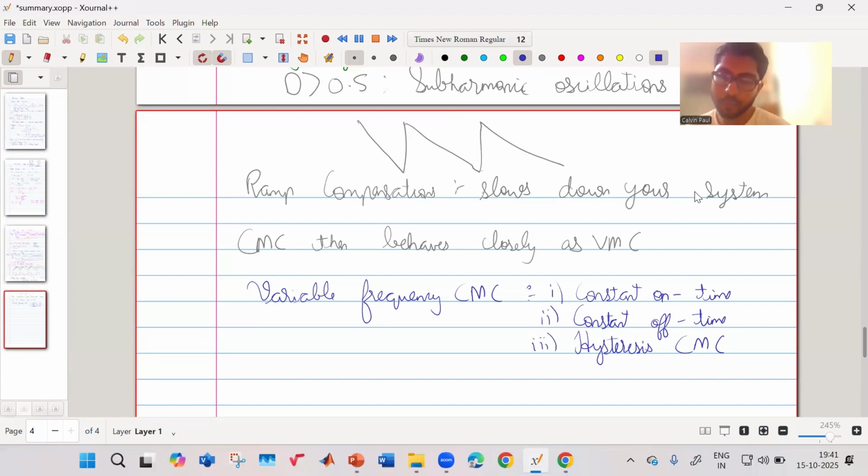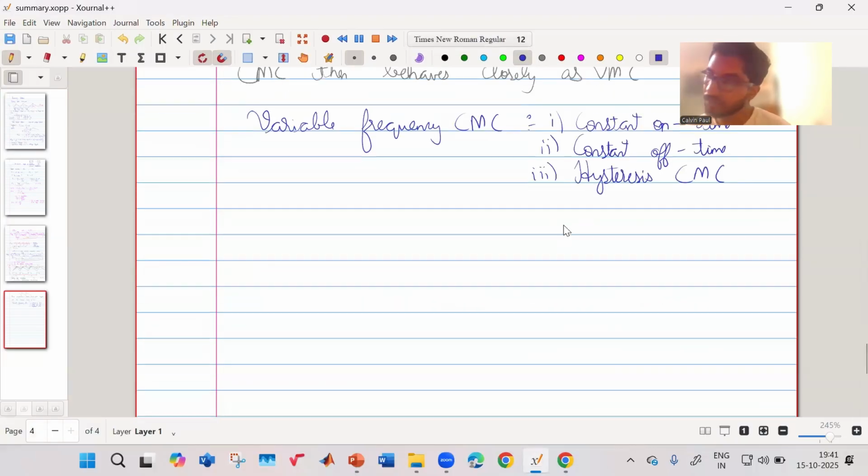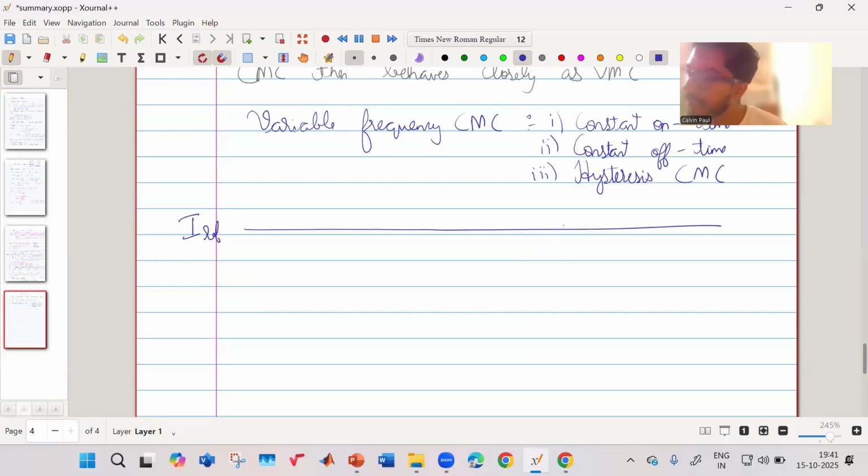Now, how do we implement constant off time? So let me start with constant off time. Again, you have your reference. Now, current comes like this. Once it touches the peak, you have your gate signal like this.